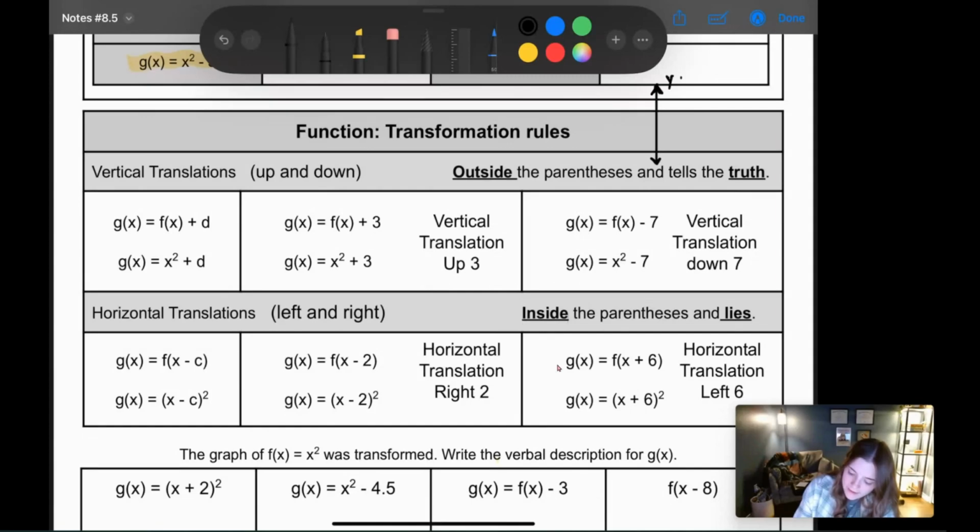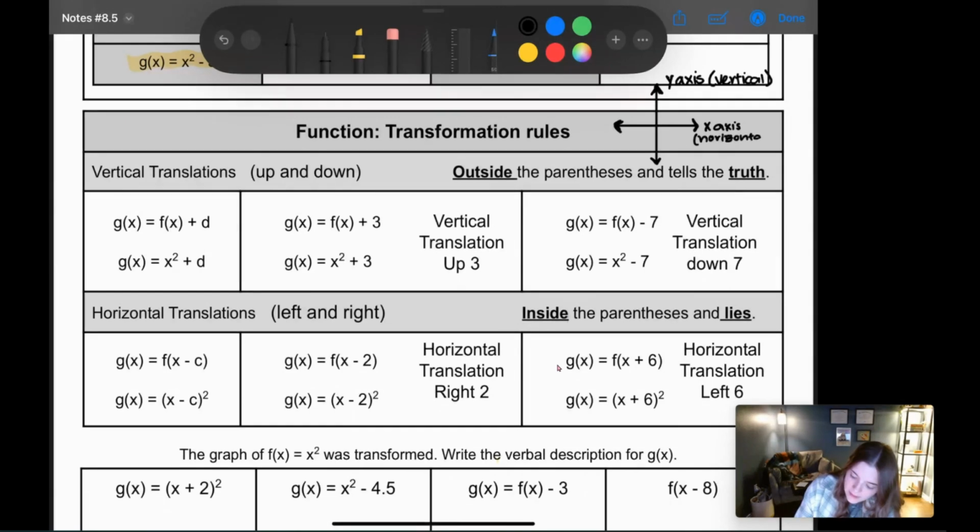Here's my y-axis, that's my vertical, up and down. My x-axis is my horizontal. It is going left and right.